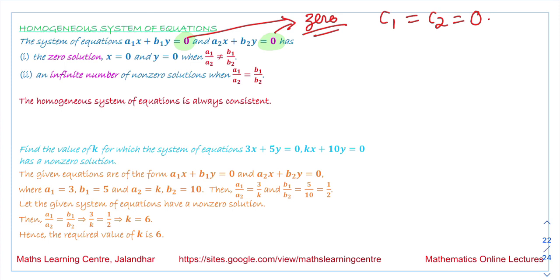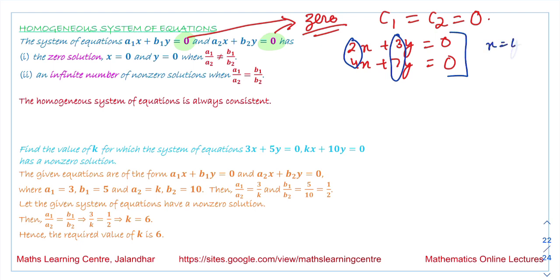Whenever the system is homogeneous, suppose I am saying 2x plus 3y equal to 0, 4x plus 7y is equal to 0. Irrespective of the values of these coefficients, x is equal to y is equal to 0 is always a solution of these equations.